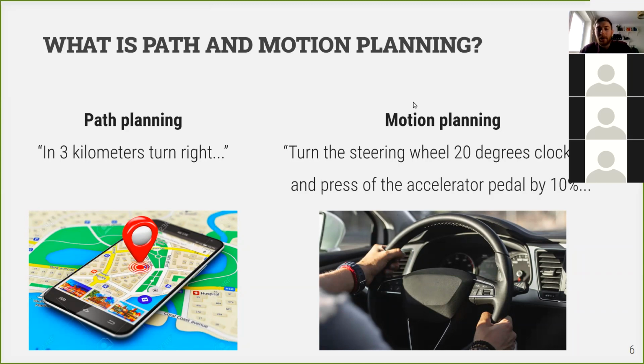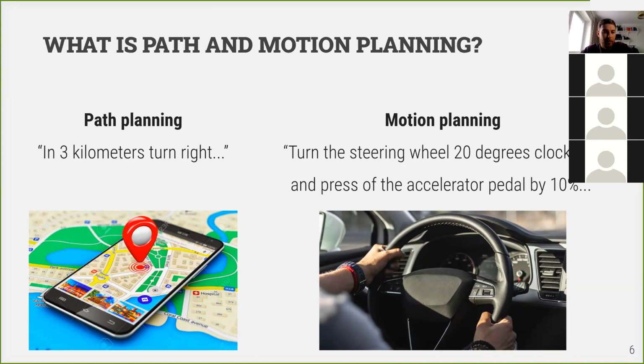If our navigator could tell us that we have to turn the steering wheel 20 degrees clockwise and then press the accelerator pedal by 10%, this is motion planning. So we're already speaking in terms of our actuators and our turning wheels and so on. So this is the main difference.